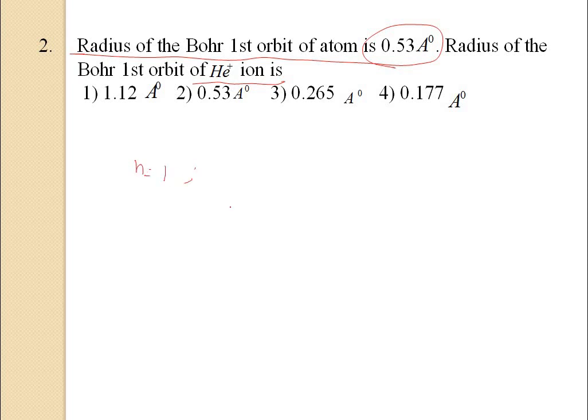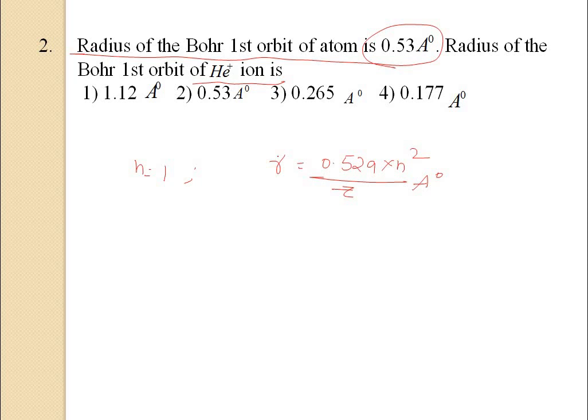So already we have the formula for the radius of the nth orbit, 0.529 into n square by Z angstroms. Because all the options are in angstroms, I am taking the formula also in angstroms.